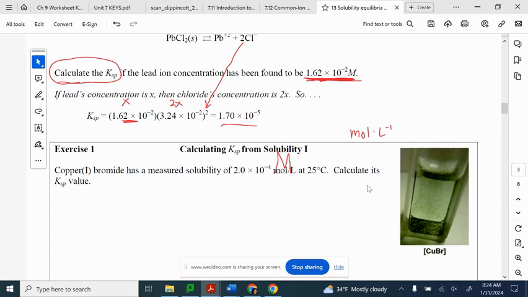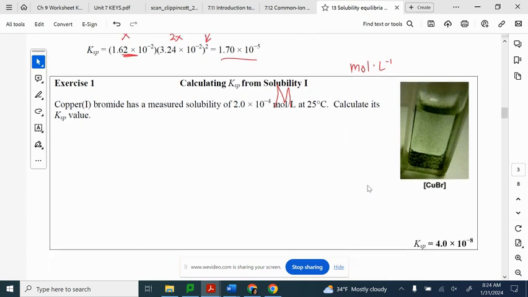So be careful. All three of these things are the same thing. Moles per liter, molarity, moles times liters to the -1. Good? Okay, so just be careful with that. We are going to calculate the KSP value for this. You are going to calculate it, and you will hopefully come out with that value on your calculator. Go.